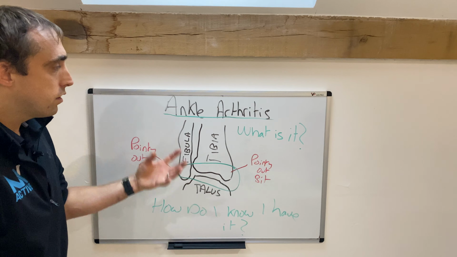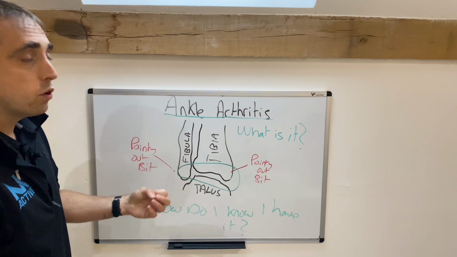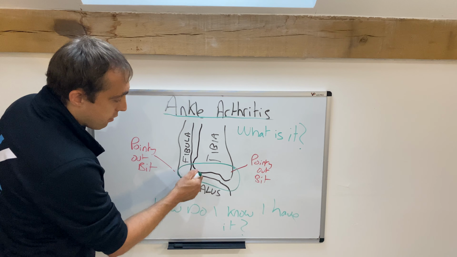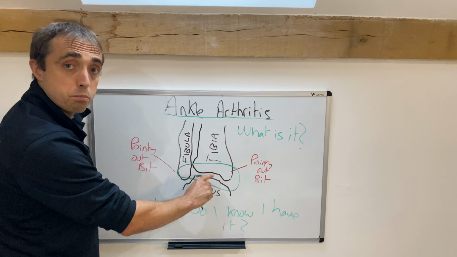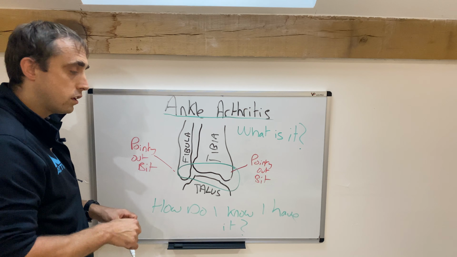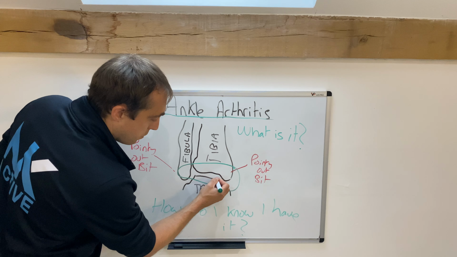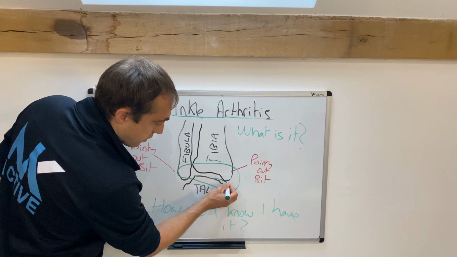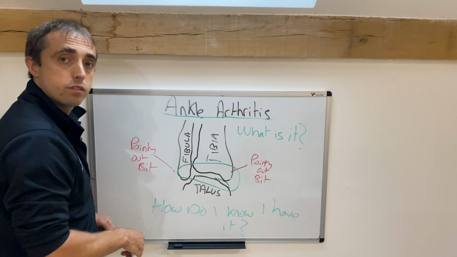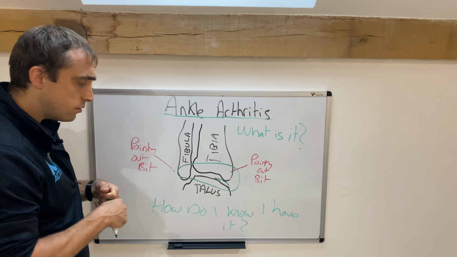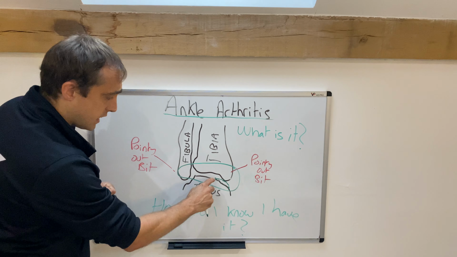So, like with any form of osteoarthritis, it's effectively narrowing of this joint space here, so loss of cartilage. What you may find is that, for example, here you get some narrowing of that ankle joint. Now, with the ankle joint, it can technically happen anywhere.